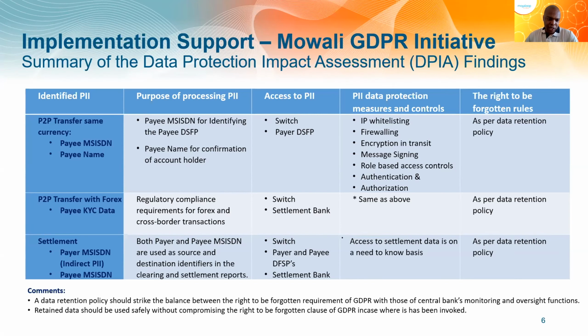So it's much more critical for the data to be preserved, while ensuring that it is used carefully in cases wherein somebody has invoked the right to be forgotten clause. That in a nutshell is what we delivered back to Mowali as a contribution from Mojaloop to help them on their GDPR initiative.